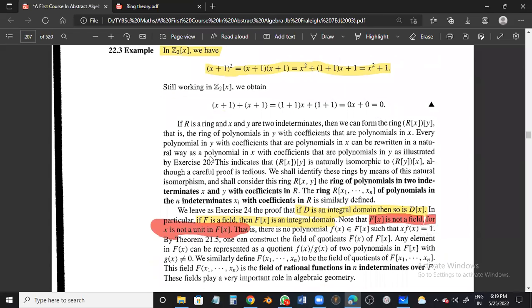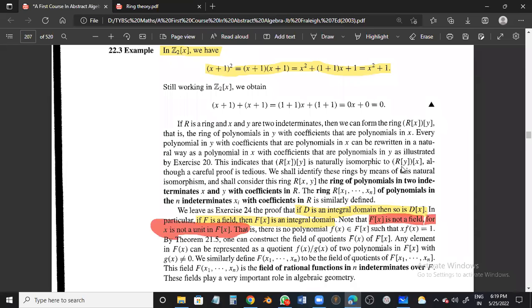Now, there is one more fact. If R is a ring and x and y are two indeterminates, then R of x means the ring of polynomials in x. There is a bracket and again you have of y, meaning the polynomial ring of R of x with indeterminate y.